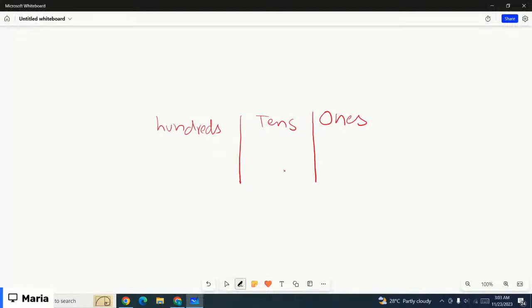So you have 7 tens plus 3 ones. That means 3 is at the ones position and 7 is at the tens position, and together they make 73, right? You can see 3 is the last digit, so 3 is at the ones position. Then the next digit is 7, which is at the tens position, right?